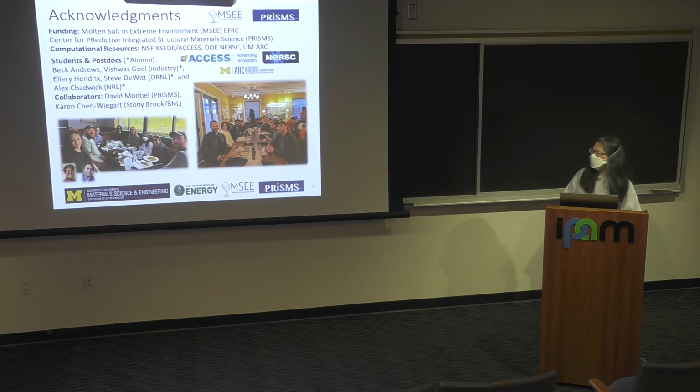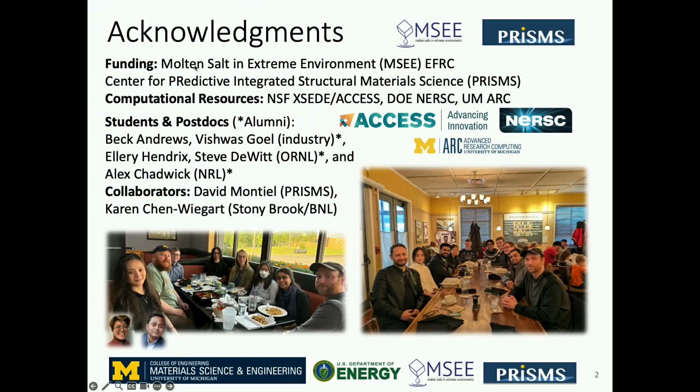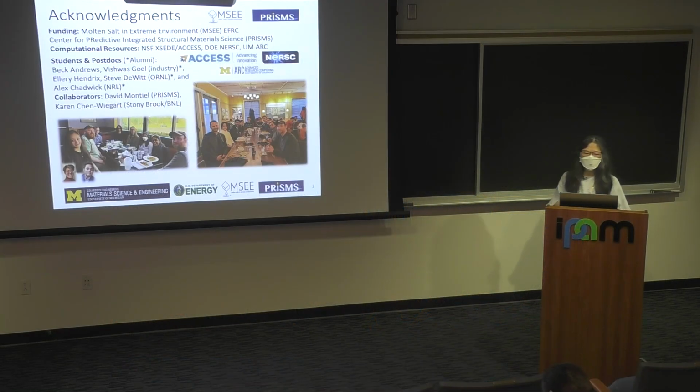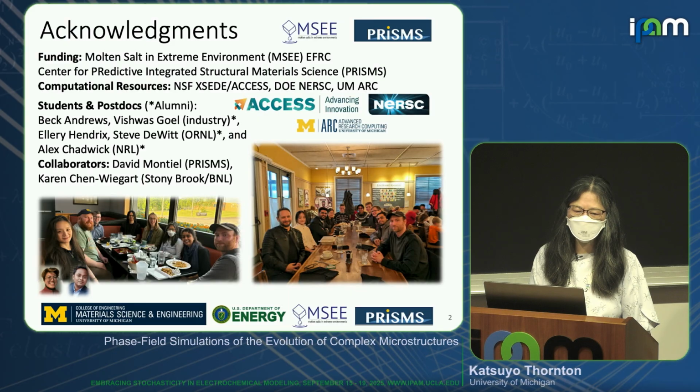Before I get started, I want to acknowledge the funding sources, computational resources, and the people who did the work. The primary funding for my corrosion work comes from two DOE-funded centers. One is the Center for Predictive Integrated Structural Material Science, PRISMS. I heard some of you were probably here to learn about PRISMS PF earlier in this long program.